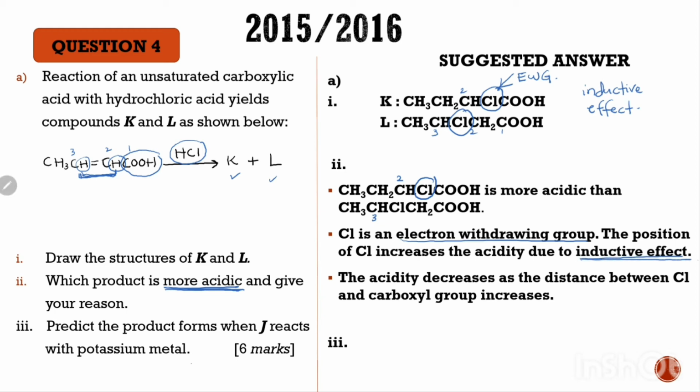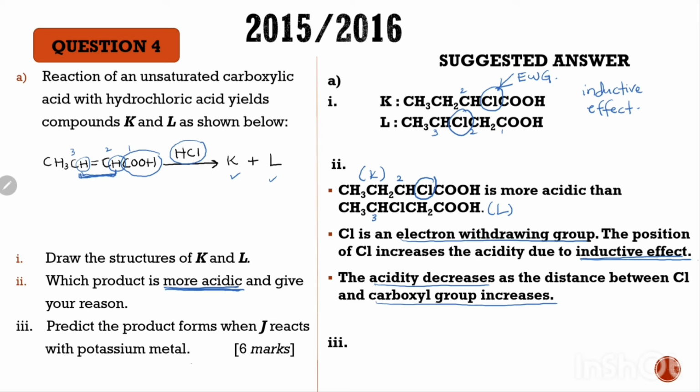Okay, the acidity decreases as the distance between chlorine and carboxyl group increases. Okay, so since structure K tadi, position of chlorine tu lebih dekat dengan COOH, so dia boleh tarik elektron lebih kuat and stabilize the structure of carboxylate ion. So the carboxylic acid is more acidic.